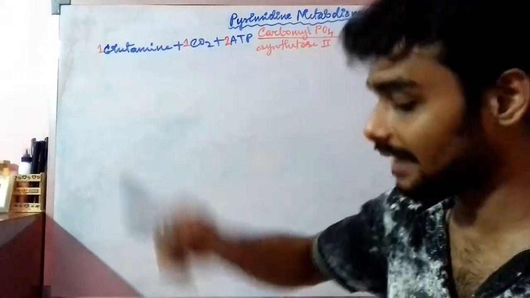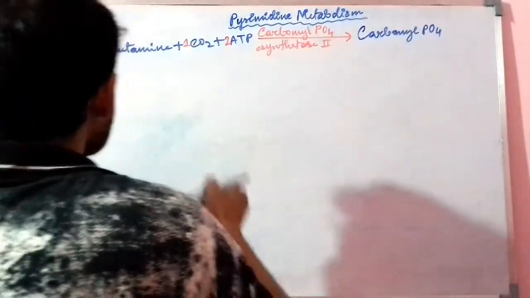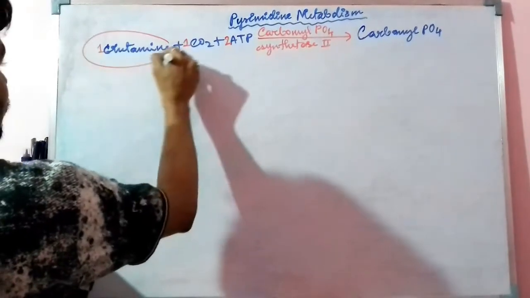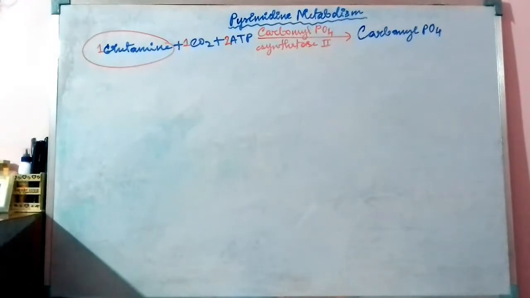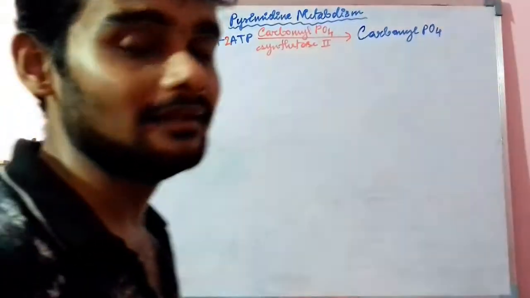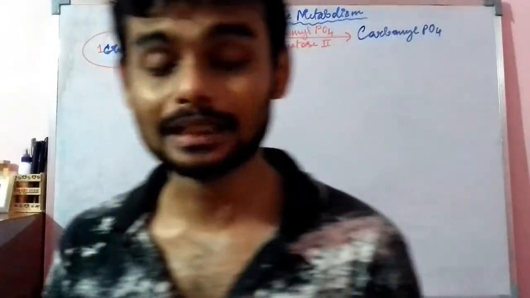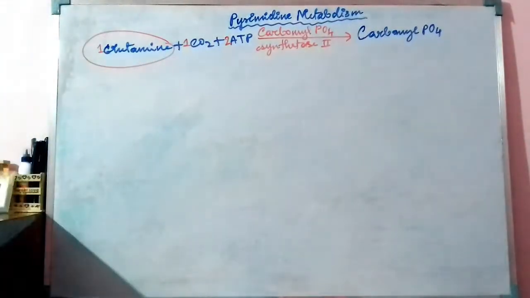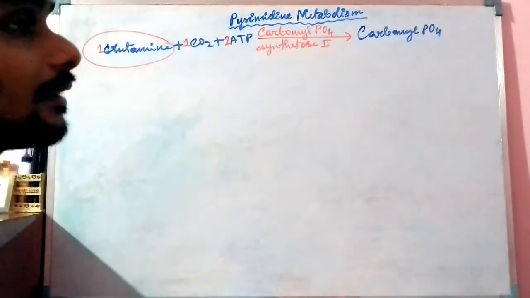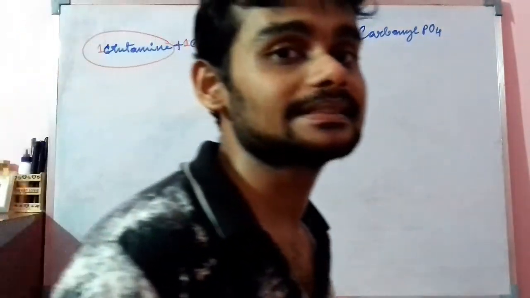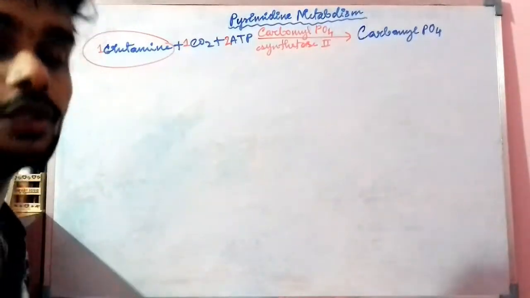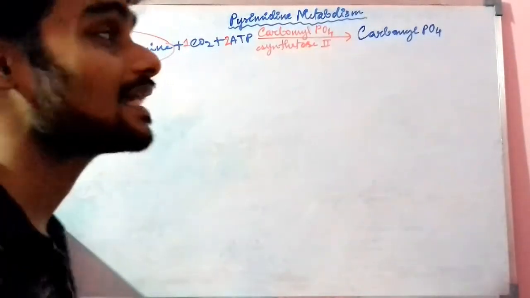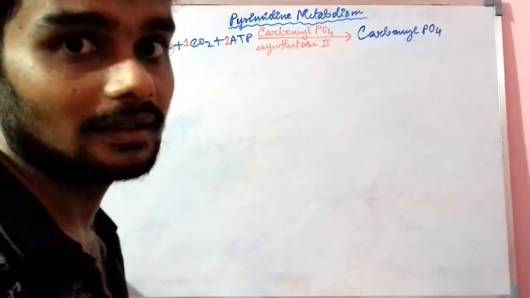Because glutamine is that basic amino acid which helps in the formation of the pyrimidine nucleotides, or helps with the pyrimidine metabolism. So unless and until glutamic acid or glutamine is synthesized or produced as a byproduct in our body, the conversion of glutamine to the pyrimidine nucleotides, the de novo pathway, is not possible.